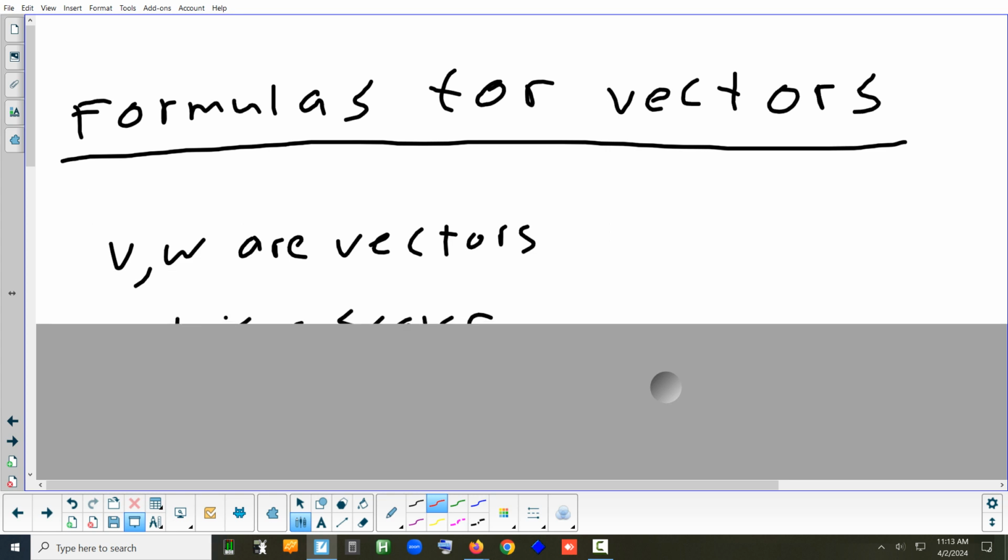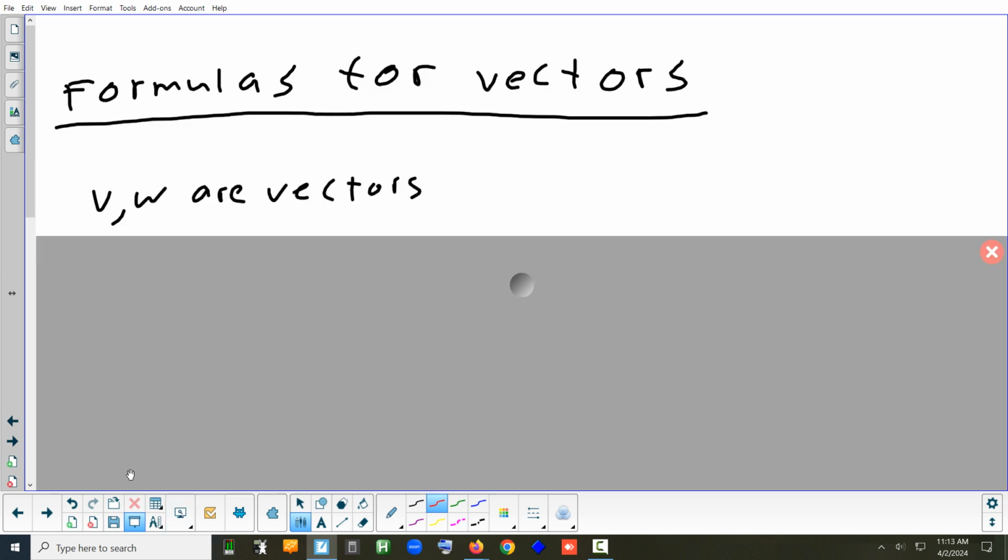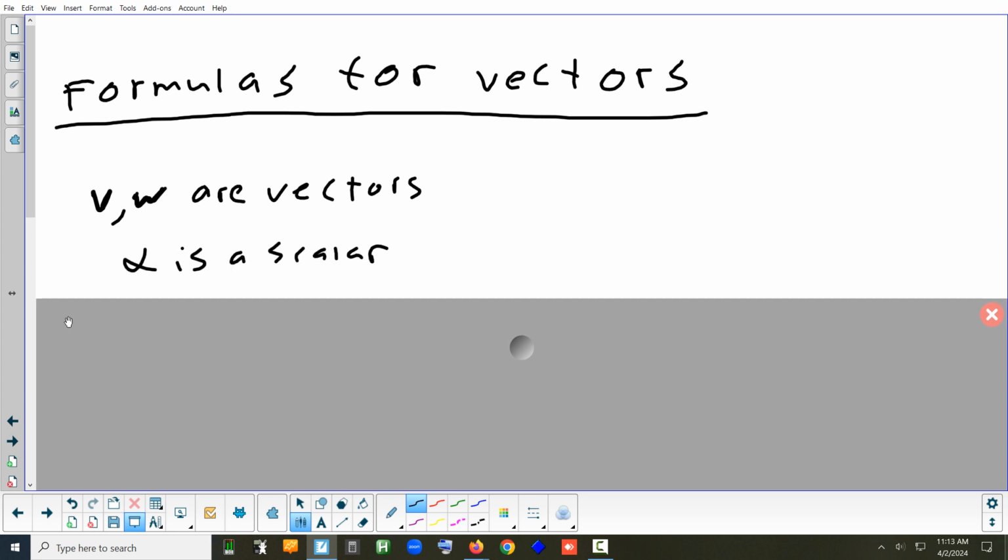Okay, so let's look at some formulas. In these formulas, I've got to say a couple things first. I'm going to use the letters V and W. Those represent vectors. Alpha represents a scalar. Now remember, we talked about scalars yesterday.